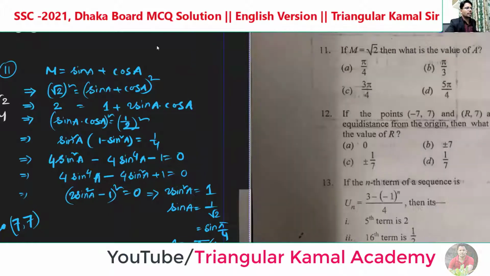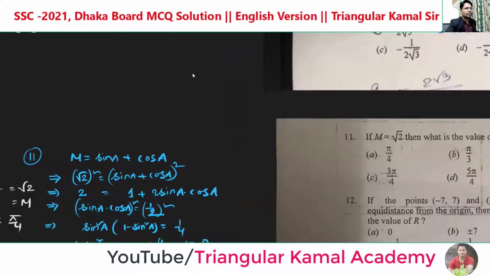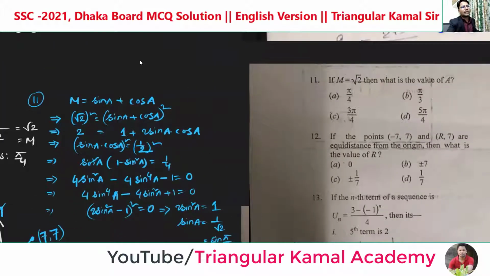First way of doing the MCQ. Here m equals √2. Then what is the value of a? m equals √2 from the question, and m equals sin a plus cos a. Squaring both sides, then this is 2 minus 1, which will be 1, divided by 2.